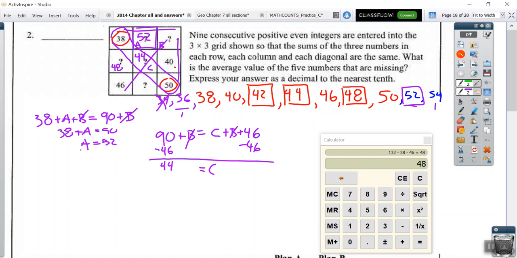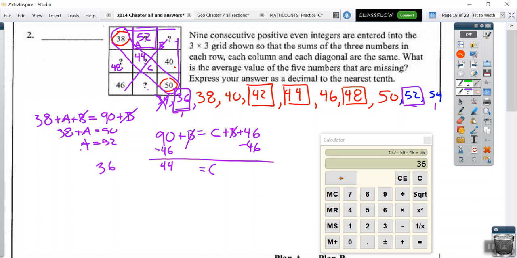All right, so well, let's try this one. So we have 132 minus 50 minus 46. We get 36. So we know. So now we don't care what this one is. We know what it is.